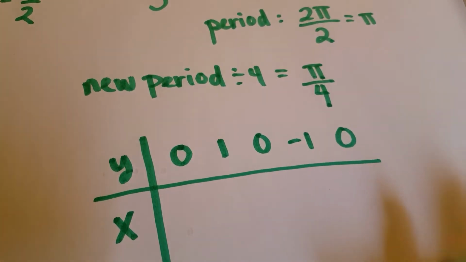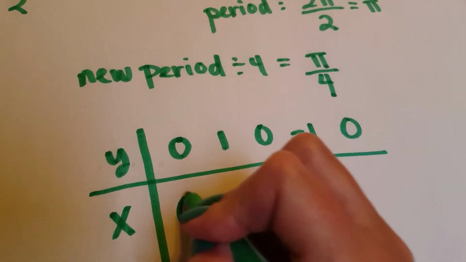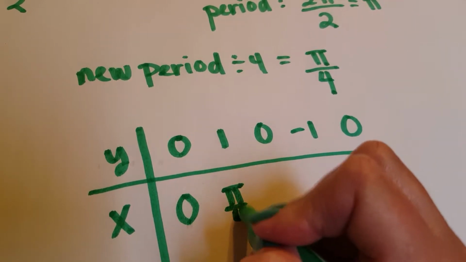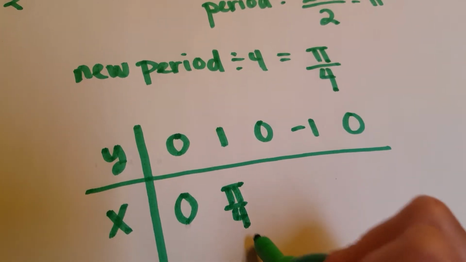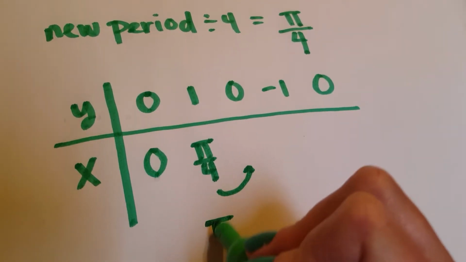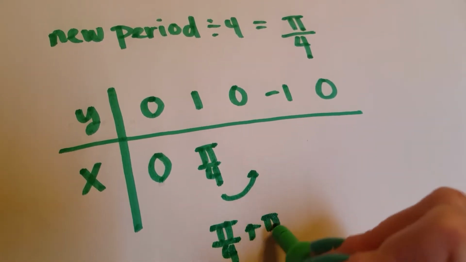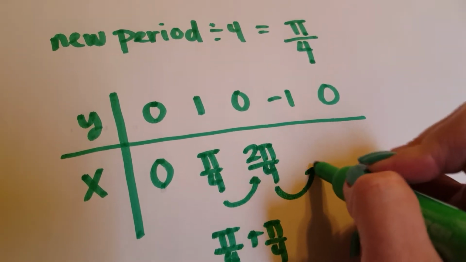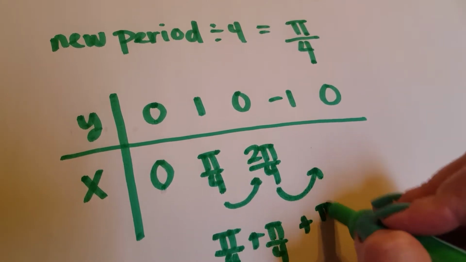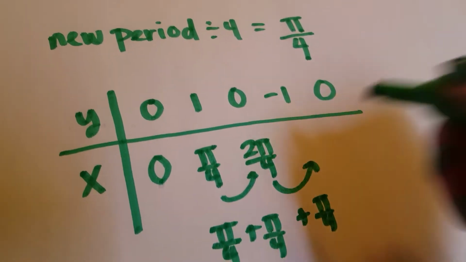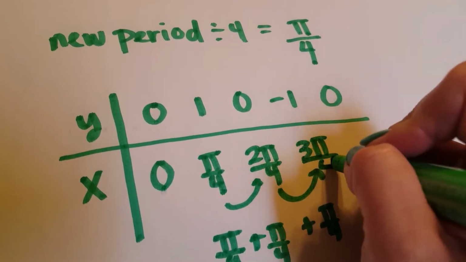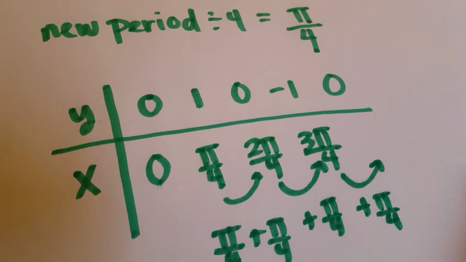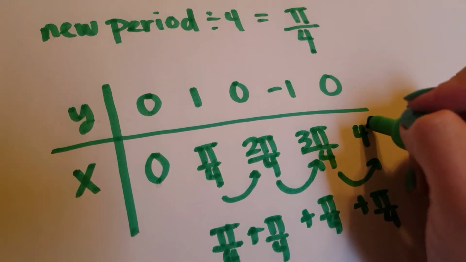That hasn't changed in any way. However, instead of walking from 0 to pi halves, I'm now going to walk from 0 to pi fourths. Now walk an additional pi fourths: pi fourths plus pi fourths is 2 pi fourths. Add another pi fourths, and 2 pi fourths and pi fourths is 3 pi fourths. Finally, add another pi fourths, and 3 pi fourths and pi fourths is 4 pi fourths.